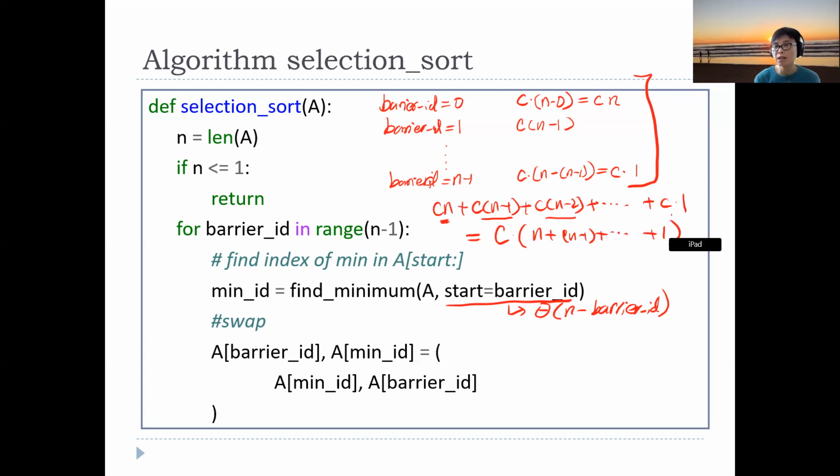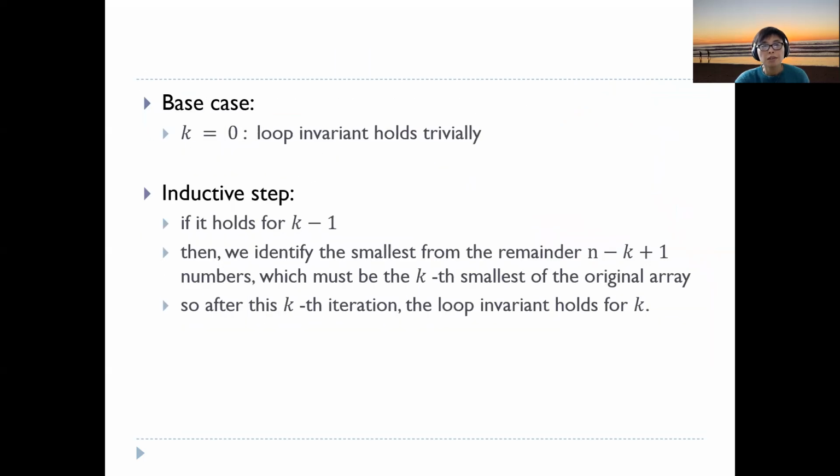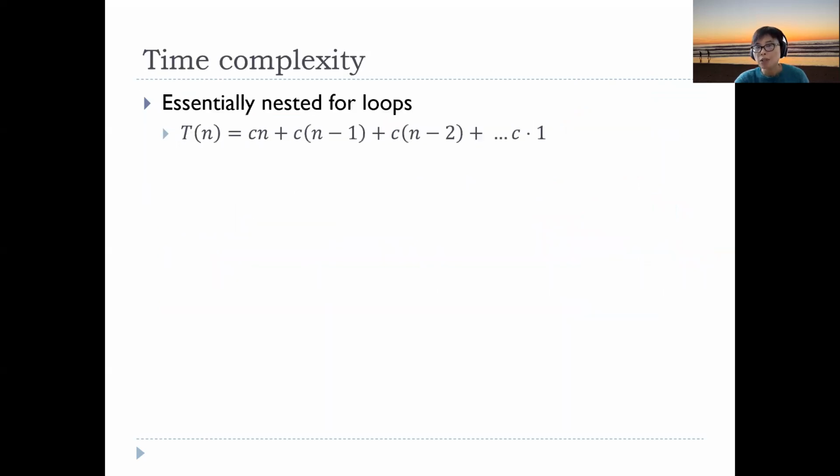But this is just the arithmetic series in the opposite order. So we have C times 1 plus 2 plus 3 and so on, which is order of n squared. So this is a quadratic time algorithm. This is what I wrote here as well. That's the time complexity of this algorithm.